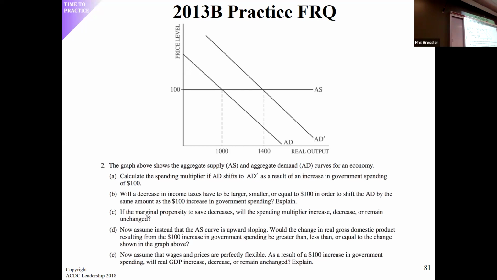Right, so to get it to move 400, you have to decrease taxes by more because the multiplier is smaller. So could you just say you would have to increase it because government spending has an innate multiplier? No, you'd have to say you'd have to increase it more because government spending's multiplier is bigger. Okay.